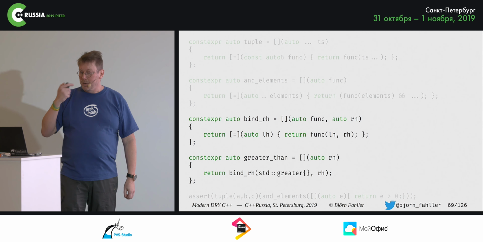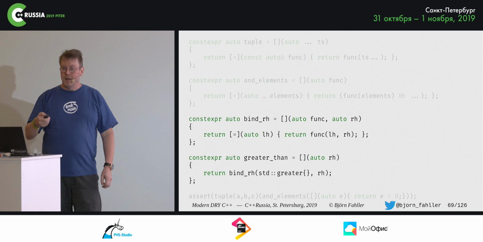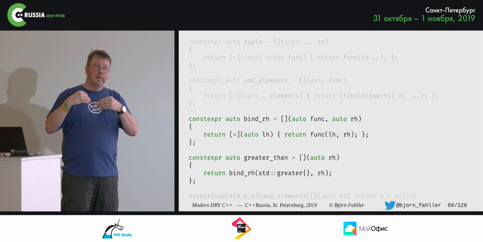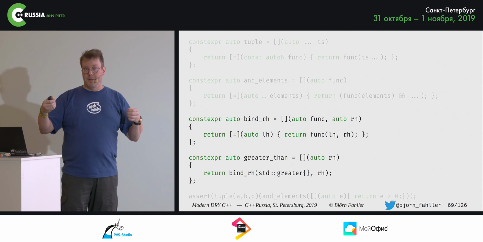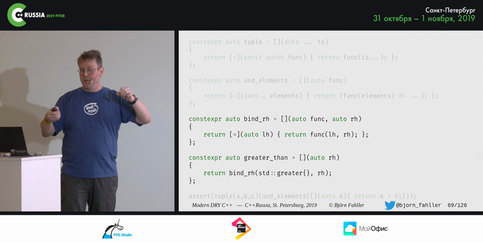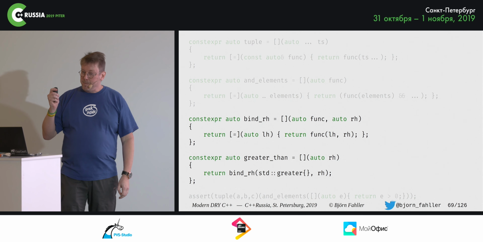And this is useful because then we can write, for example, greater than by binding the greater and the value. So we can write greater than 0, and that is callable with something, whatever, and it will return whether that something is greater than 0 or not.